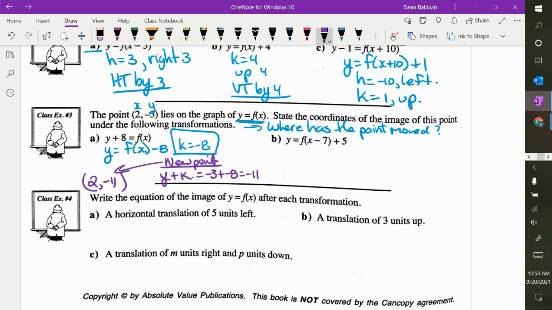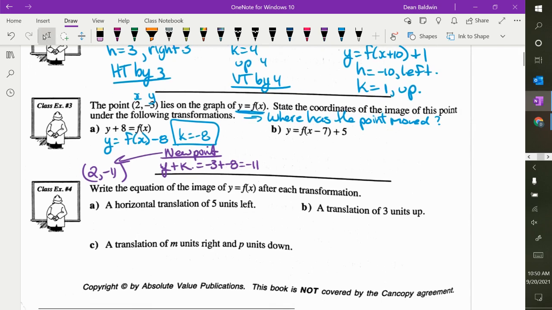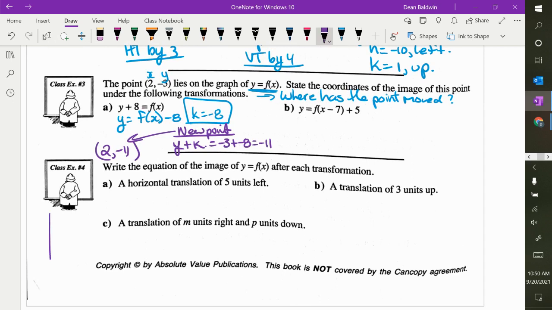All right? If you prefer a visual, I'll do it down here. Our original point is 2, -3. There's our starting point. We move the graph 8 units down. So you just go 1, 2, 3, 4, 5, 6, 7, 8.